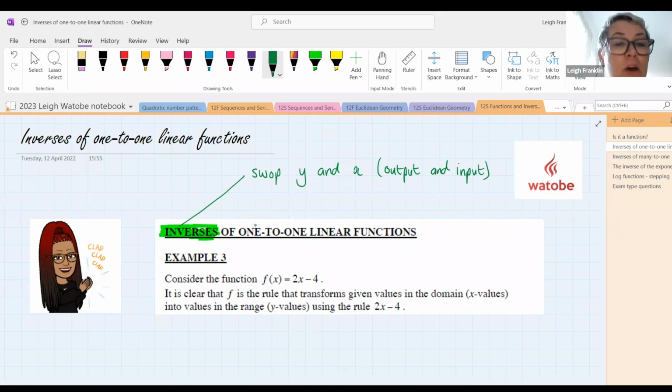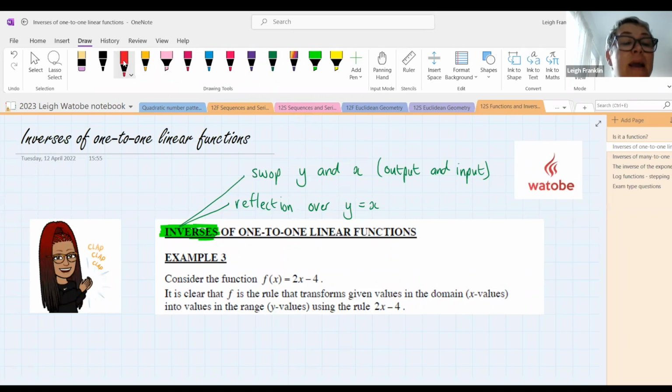The other way of looking at an inverse is that it is a reflection, and it's a reflection over a very special line: the line y equals x. In the beginning, it's a bit difficult to understand what this line y equals x is and what it means.